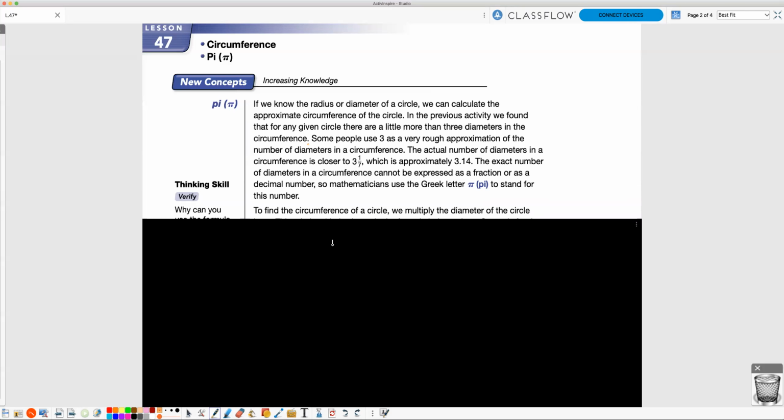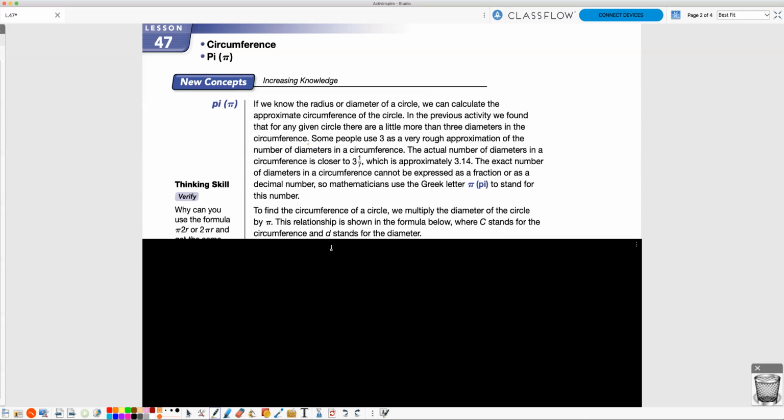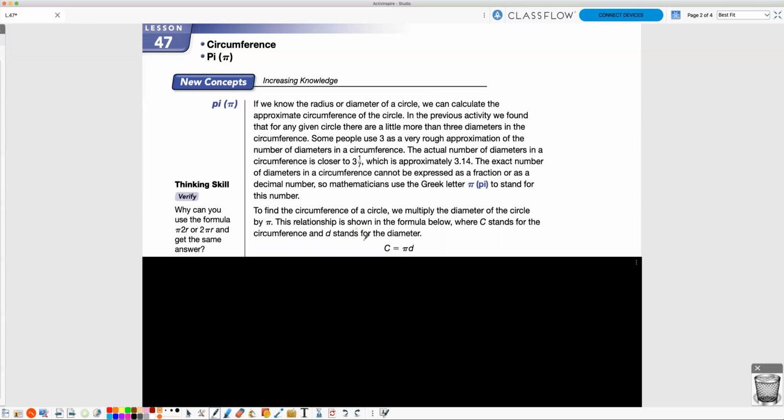So to find the circumference of a circle, we multiply the diameter of this circle by pi. This relationship is shown in the formula below, where C stands for circumference and D stands for the diameter. So the circumference equals pi times diameter.